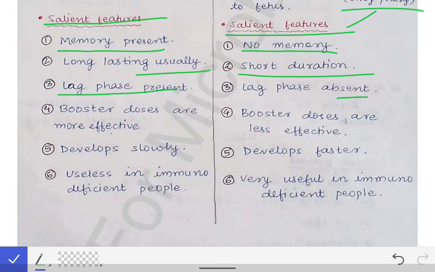Then booster doses are more effective in the active immunity, because memory cells are present. Hence the booster dose is more effective, while in passive immunity no memory cells are present, so there is no role of booster doses. Then the active immunity develops slowly.